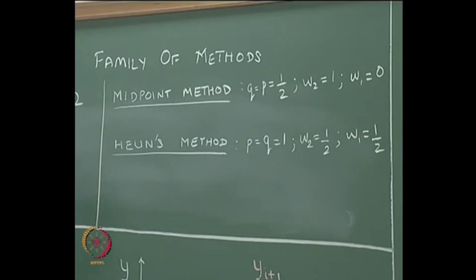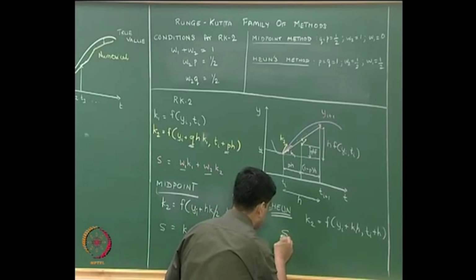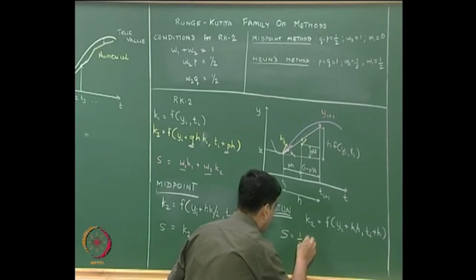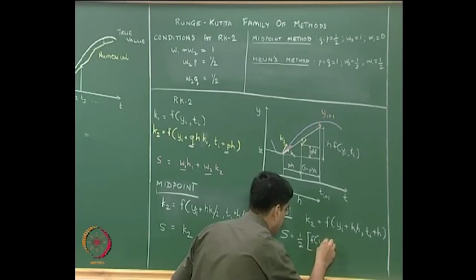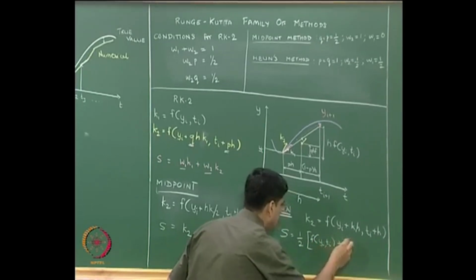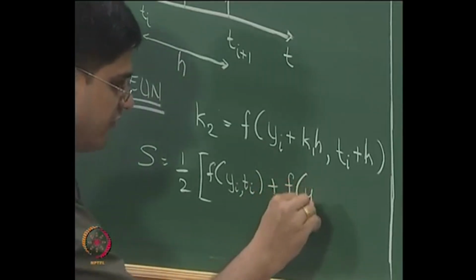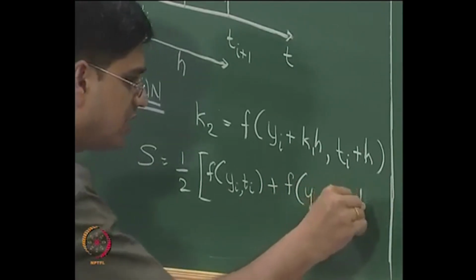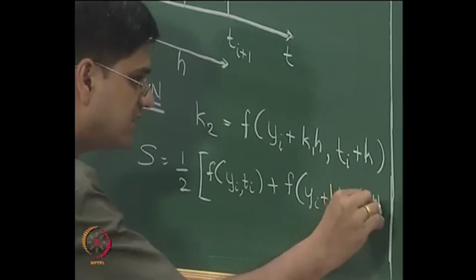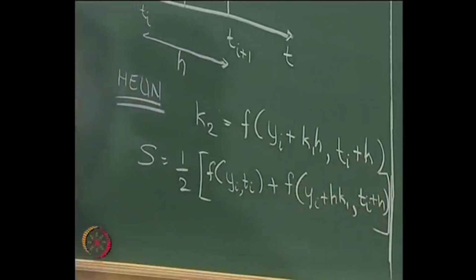So Heun's method that we are going to get is S is going to be half of f of yi comma ti plus f of yi plus hk1 comma ti plus h, okay.